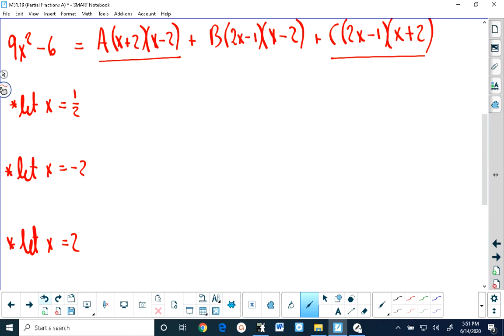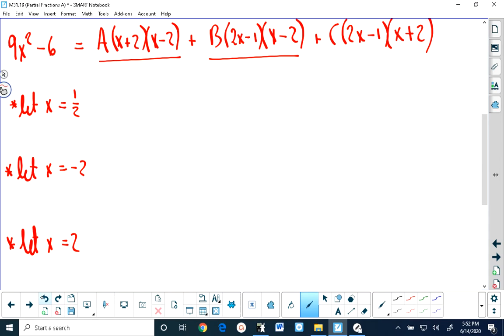And when I let x equal +2, the first term and the second term will disappear because they both contain an x minus 2. And that means I will be left with an equation that I can use to solve for c. So I'm choosing for values of x the numbers that are the zeros of the 3 different factors. On Wednesday, things will get a little bit more complicated, but again, for today's lesson, this will work.